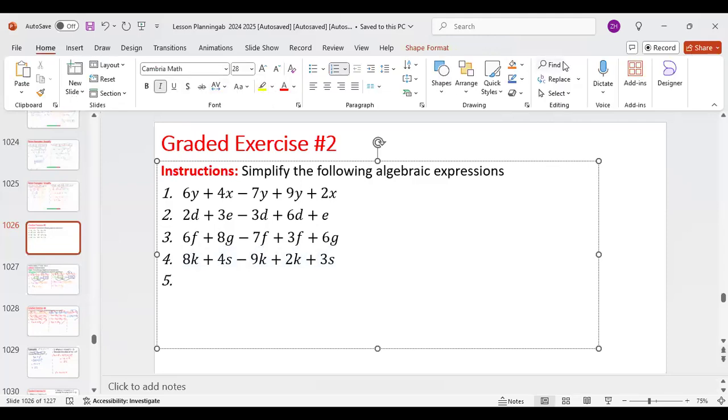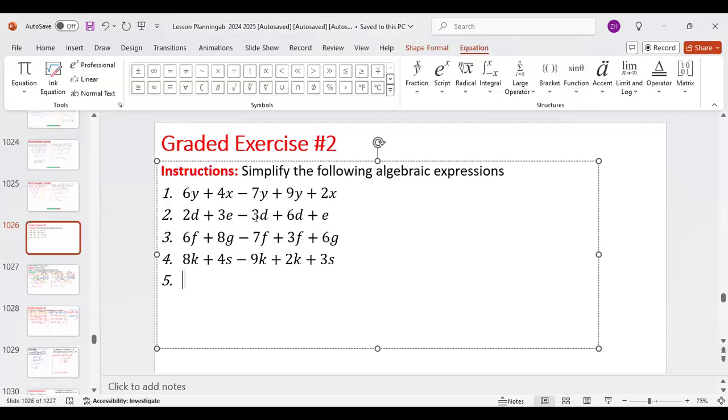And finally, number 5, we have 10Q plus 3W minus 3Q, 4Q, 5Q plus 8Q plus 4W.